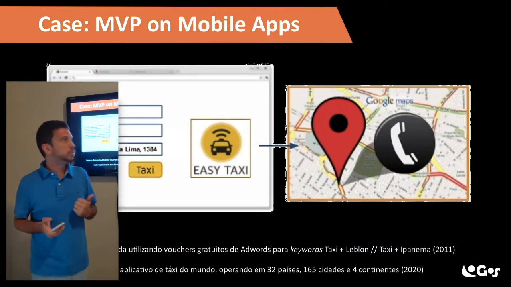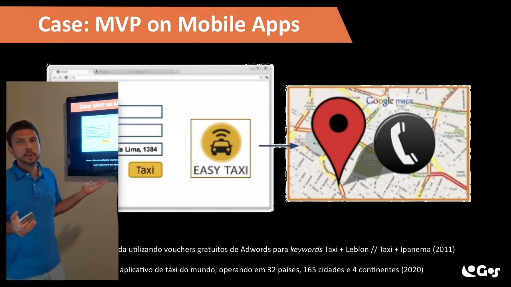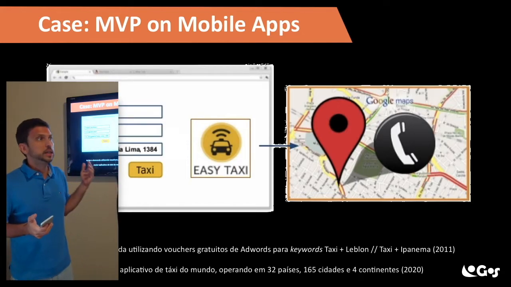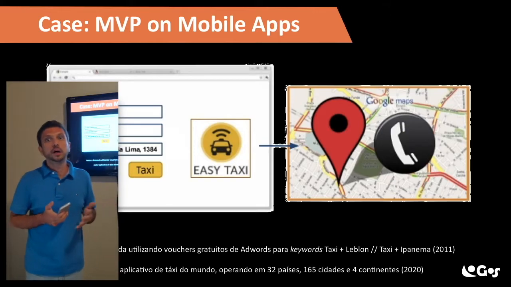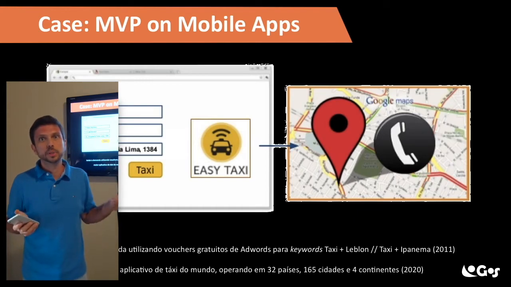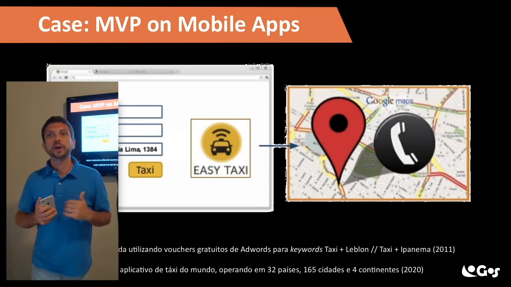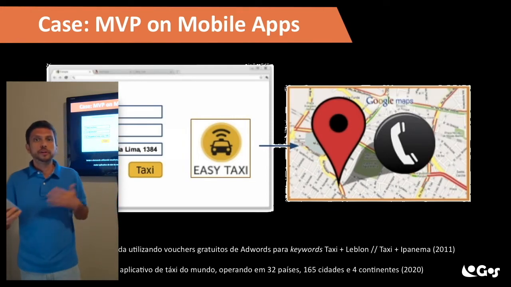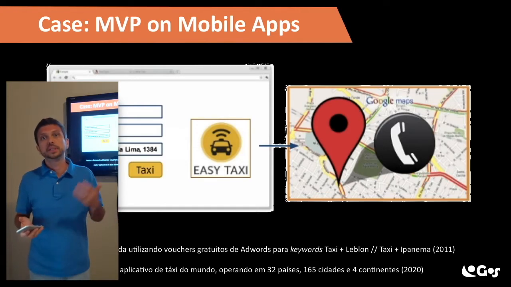Another very cool example was this cab application here in Brazil called Easy Taxi. When Uber was beginning in other countries and not in Brazil yet, they had the idea of having an app to compete with Uber, but using cabs, using taxis.